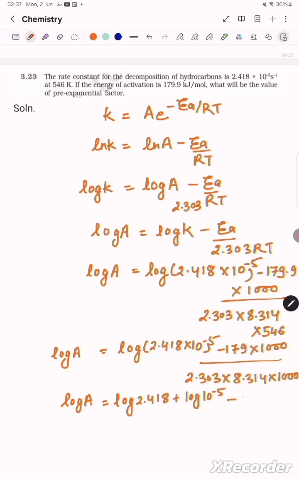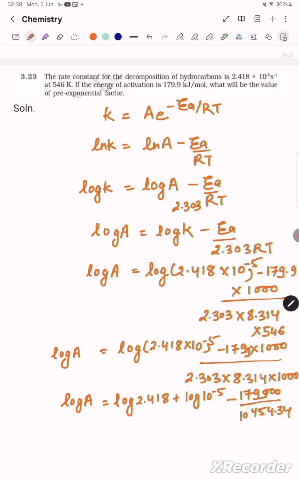Plus 179.9 upon 2.303 times 8.314 times 546, which is 10454.34.